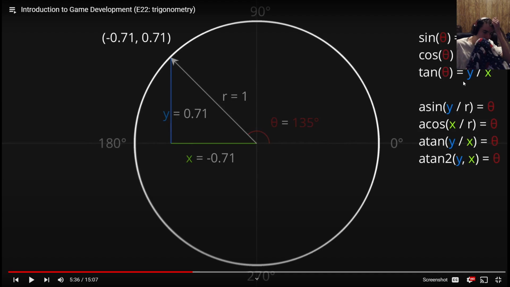Okay, let's say 0. So y is 0, x is 1. So that would be 0.